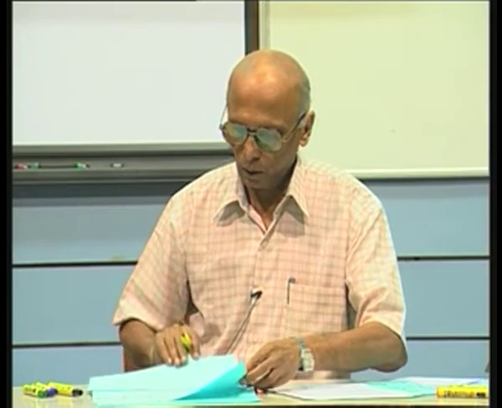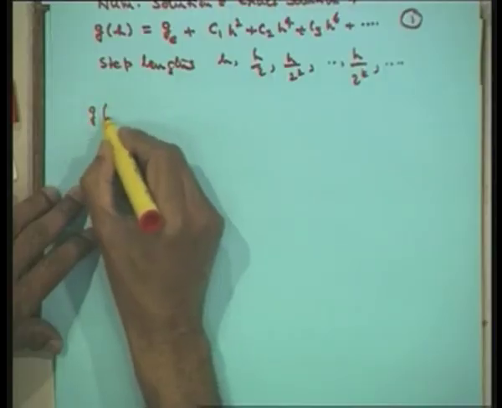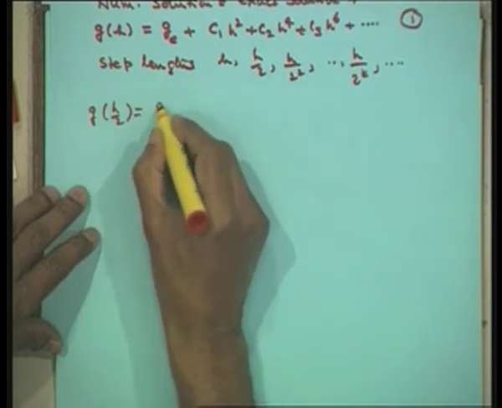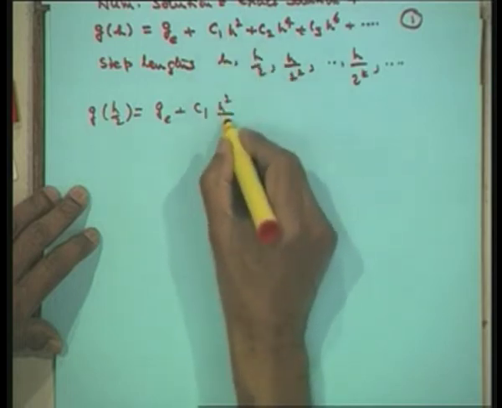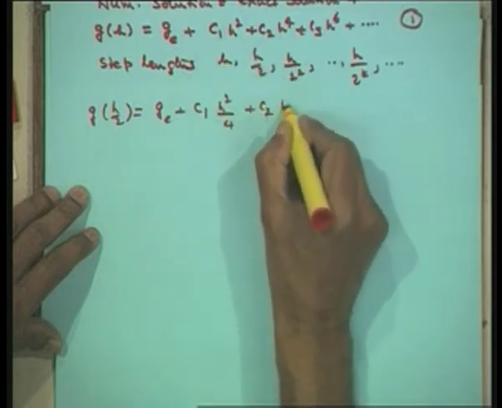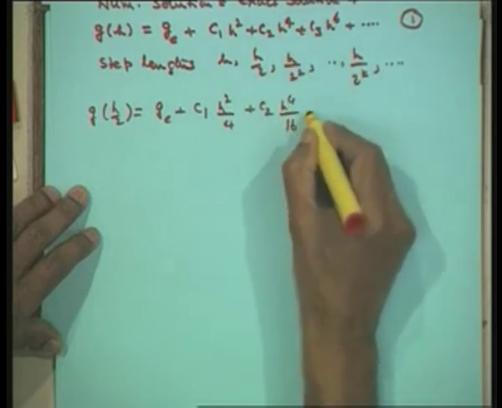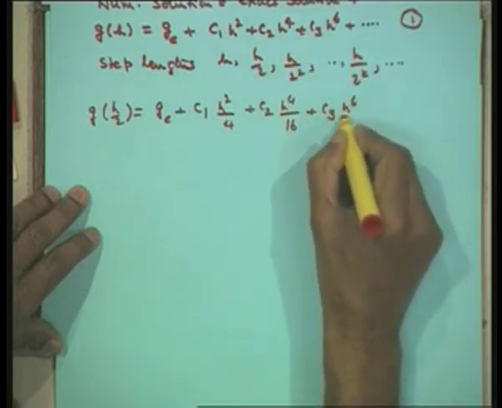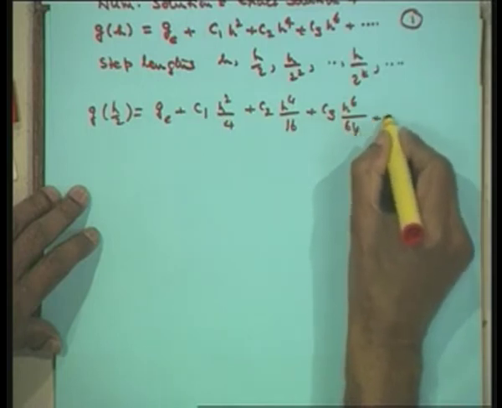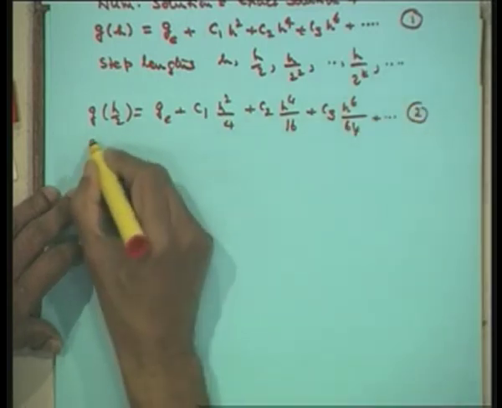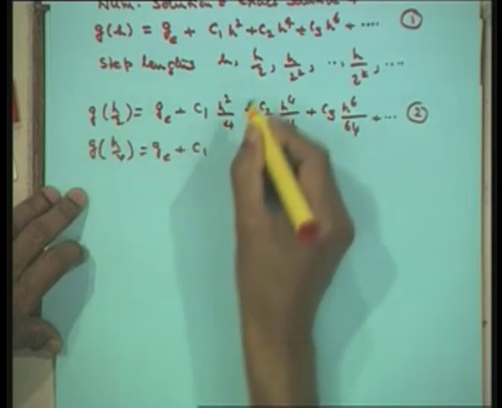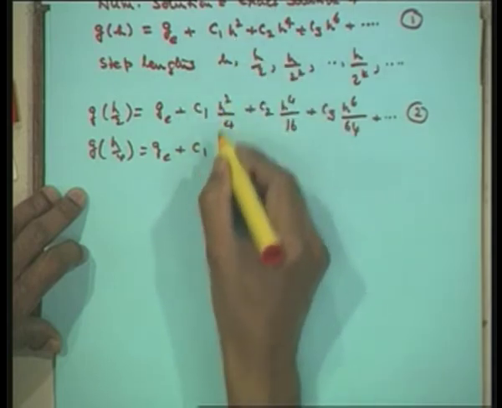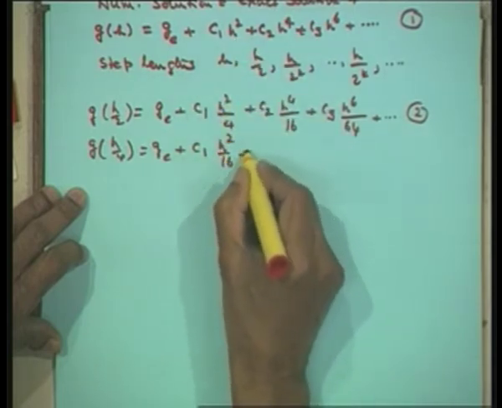Then we get here g(h/2) is equal to g(E) plus c1 h^2 by 2 squared, that is 4, plus c2 h^4 by 2 to the power of 4, 16, plus c3 h^6 by 64 and so on. g(h/4) is g(E) plus c1 upon 4 squared, that gives you h^2 by 16.